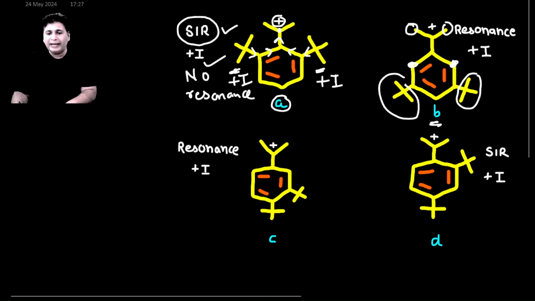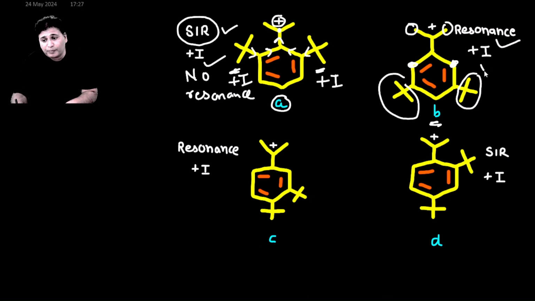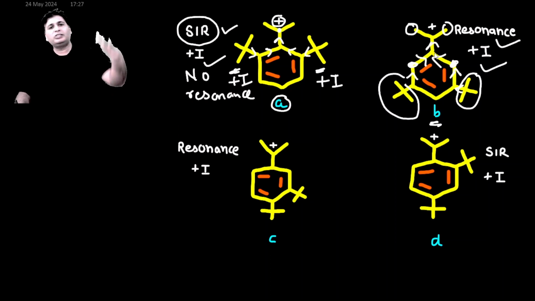So what are the merits of structure B? It has resonance also, and it has plus I also. Why plus I? Because that remains with the tertiary butyl. That is an effect that it delivers through the sigma bond. It just pushes the electron through the sigma bond, from both tertiary butyl groups, and from there the plus charge gets whatever it gets.